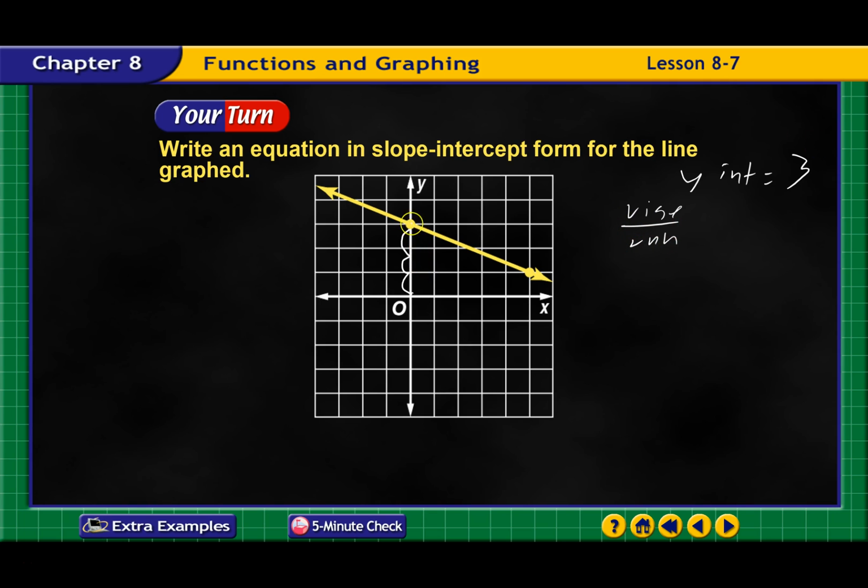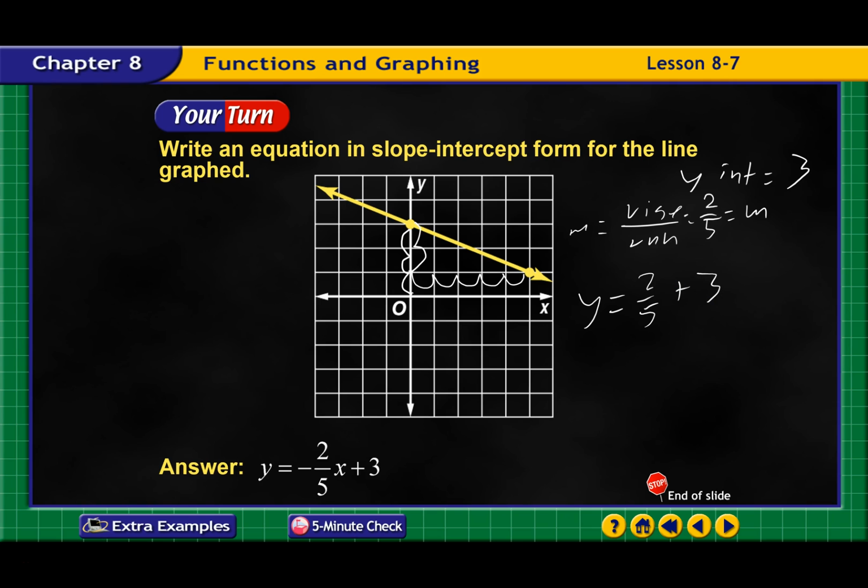So my rise is going to be 1, 2, and then my run 1, 2, 3, 4, 5. So 2 over 5 would be my slope, m, or you could go m equals rise over run. So I'm going to put those in. Y equals slope of 2/5x plus 3.